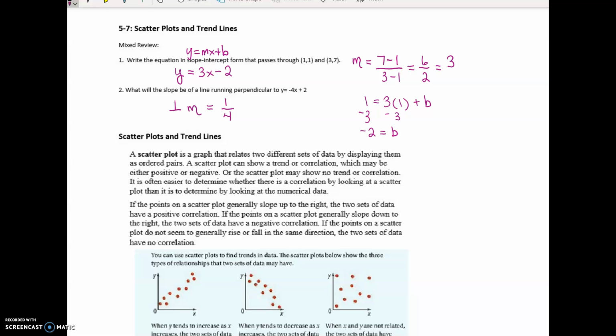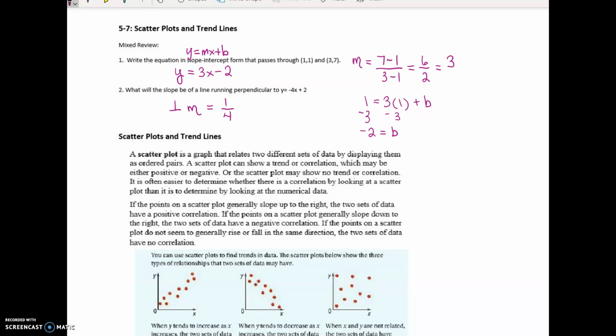And then I used the slope intercept form formula and plugged in the first point for x and y and plugged in my slope for m. So that way I can solve for my b, my y-intercept. So I subtract the 3, so b should be -2. So my equation will be y equals 3x minus 2.